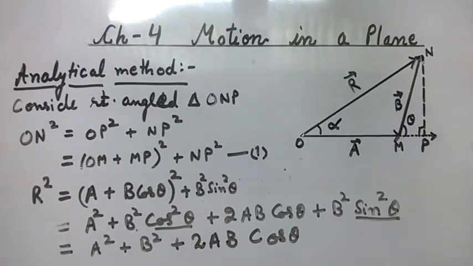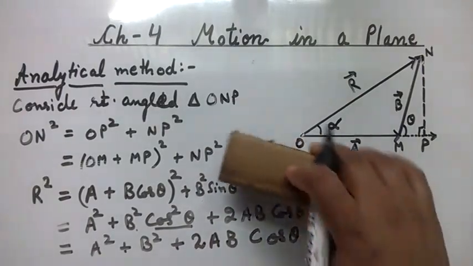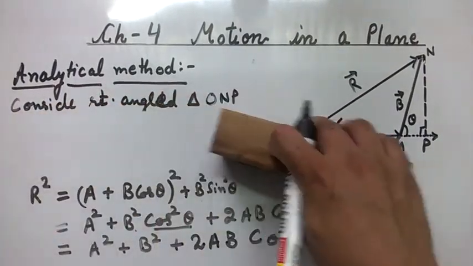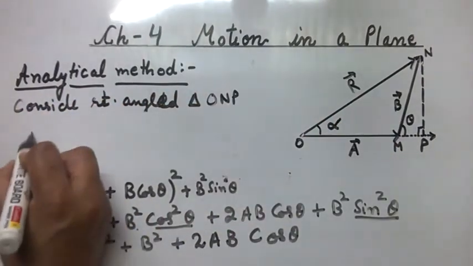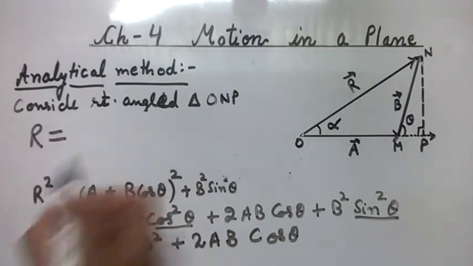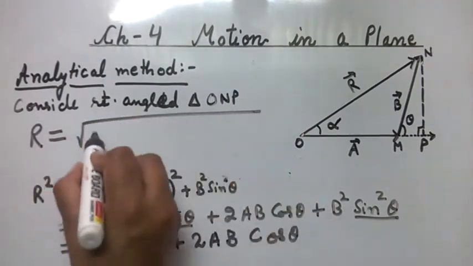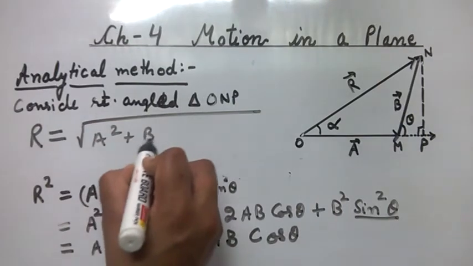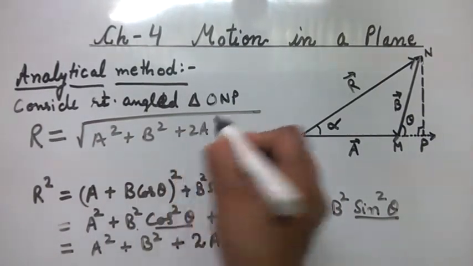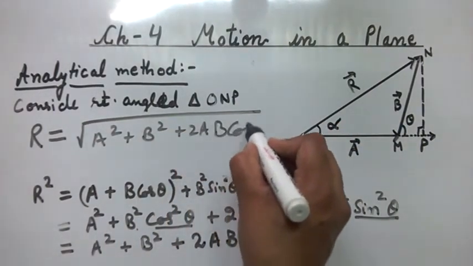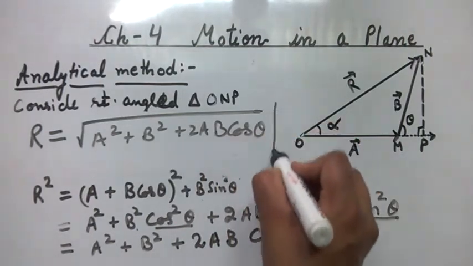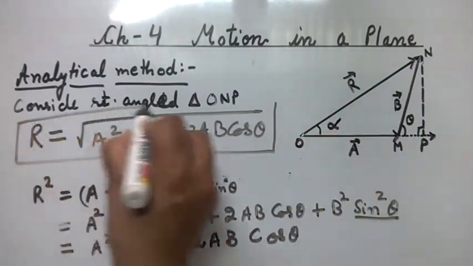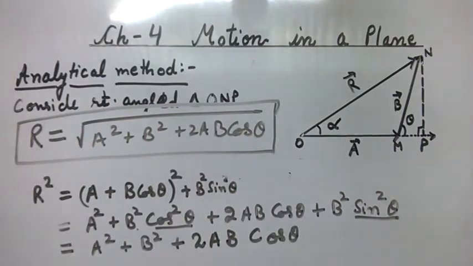Or we can write R equals root of A square plus B square plus 2AB cos theta. This is the magnitude of the resultant vector R.